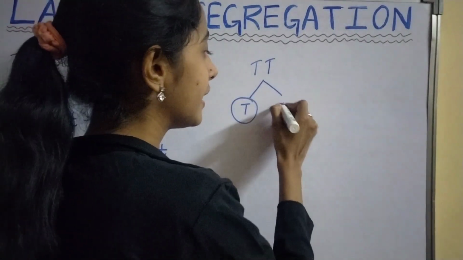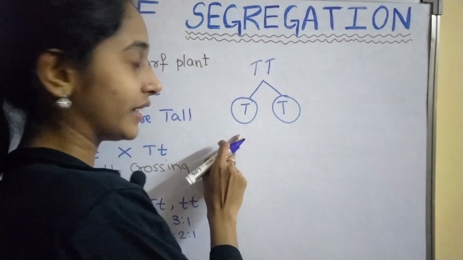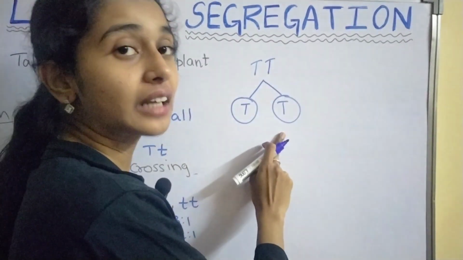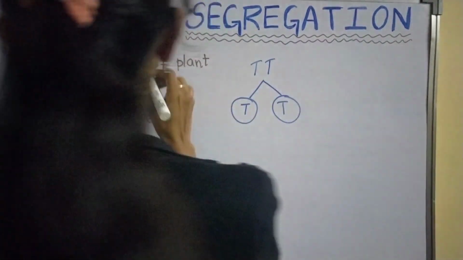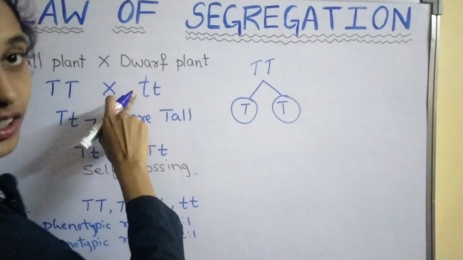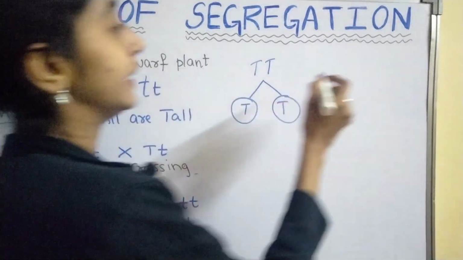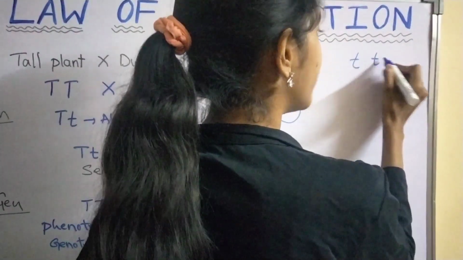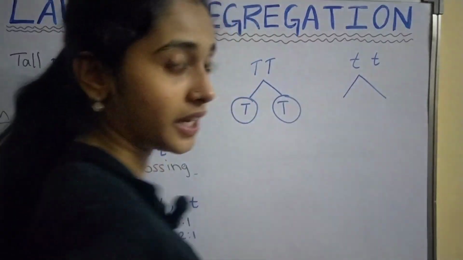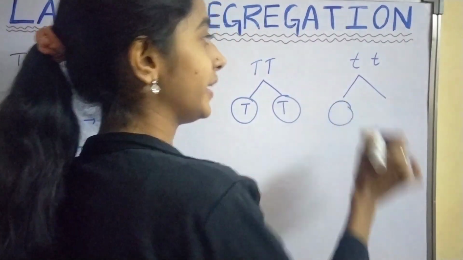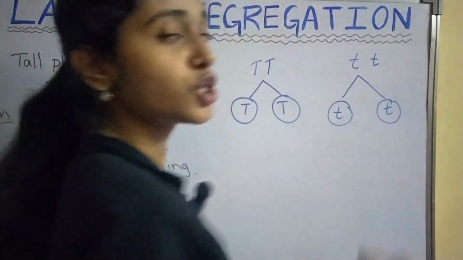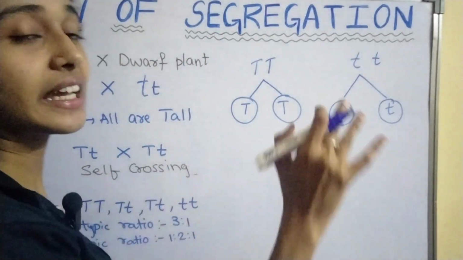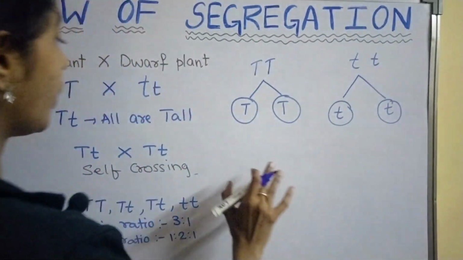This will give capital T and capital T. One gamete is of capital T and the other gamete is also of capital T. In the case of small t, one gamete will get small t and the other gamete will get small t. This is how the segregation takes place.